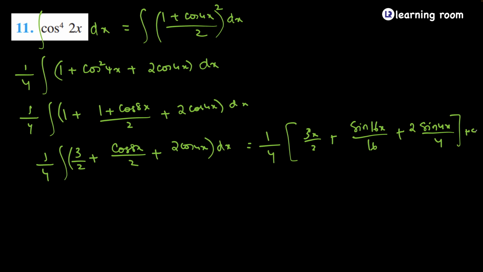Okay. So this is going to be 3x divided by 8 plus sin 16x divided by 64 plus this will cancel this 2 times. It will be sin 4x divided by 8 plus c. So this will be the answer. Correct?